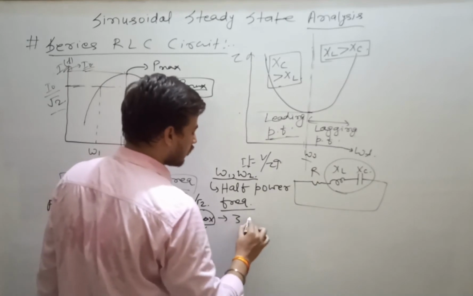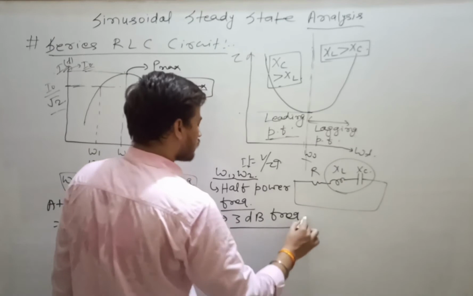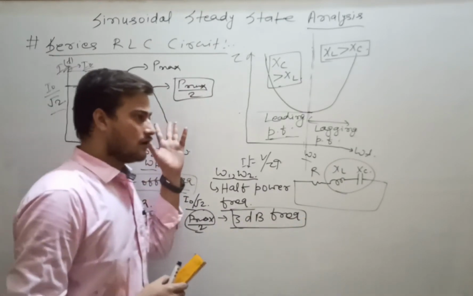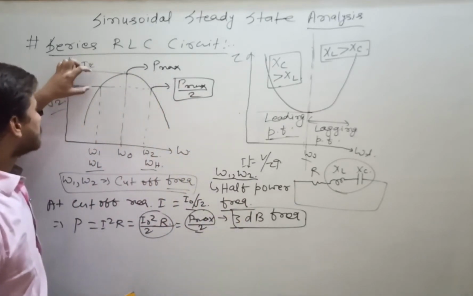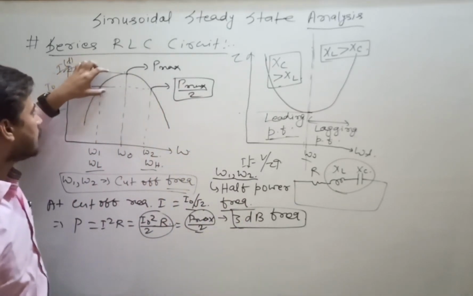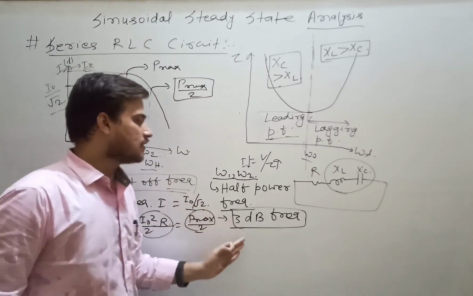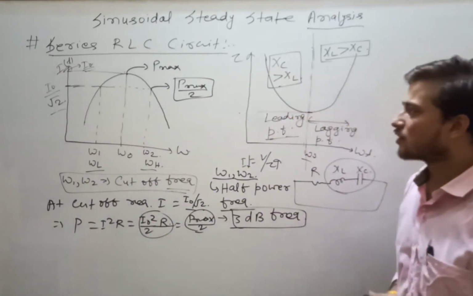It is also called 3 dB frequency, because if you take 20 log magnitude, then you will see that there will be a drop of 3 dB. So its name is 3 dB frequency. Clear? So this is about cutoff frequency.